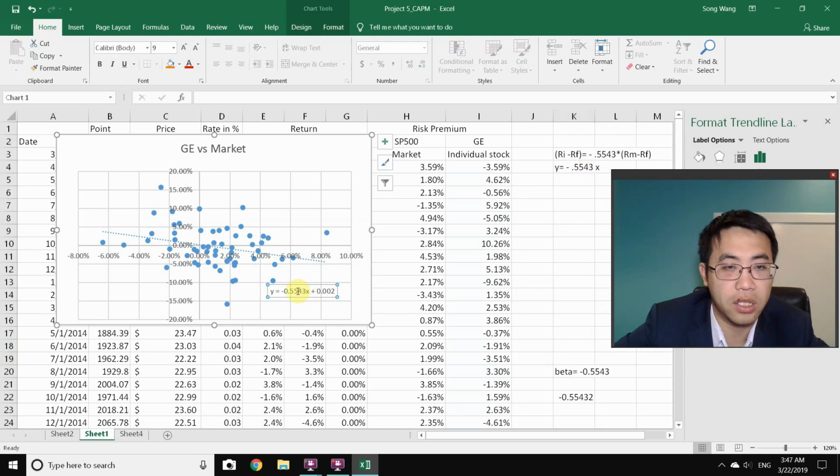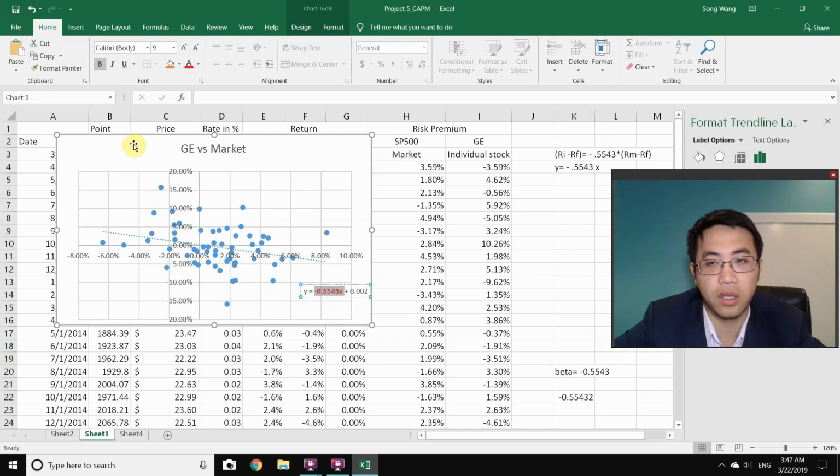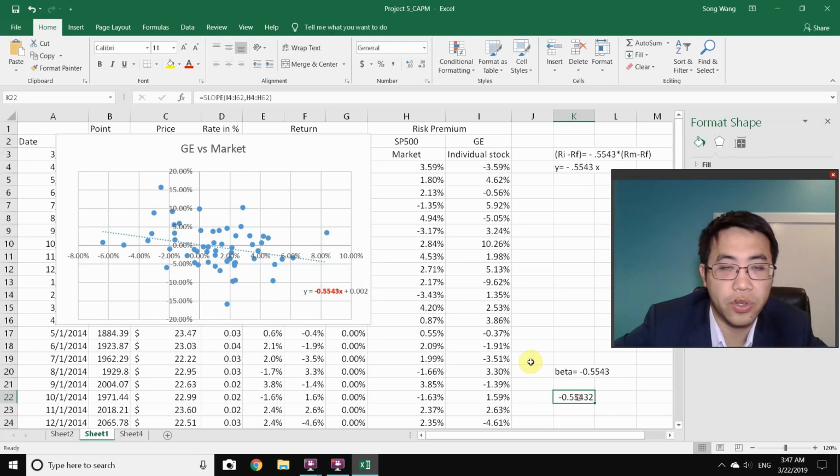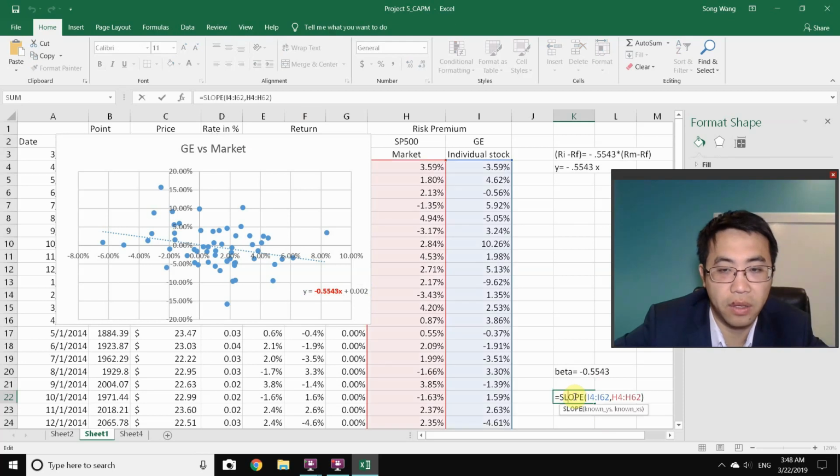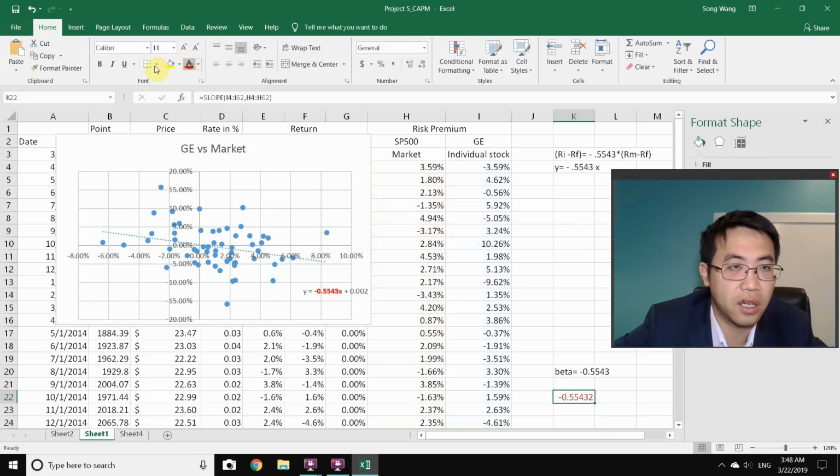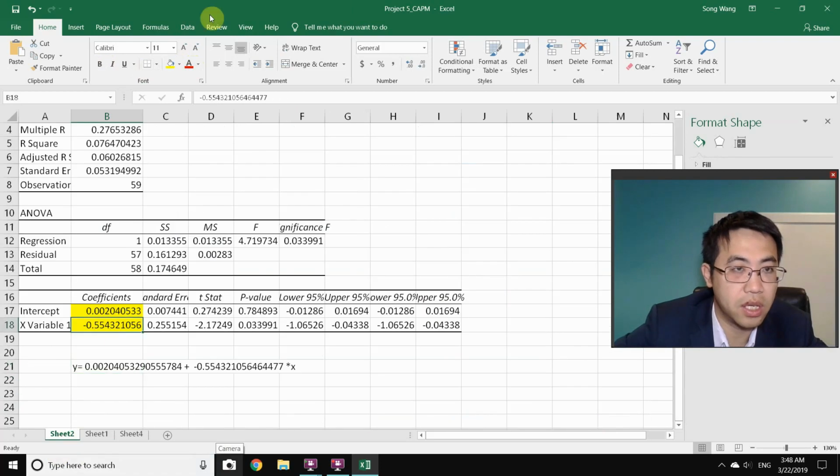First, using the chart and the best fit line, the slope of the best fit line is this beta. The second is to use the slope function of Excel, which is the easiest. The last method is using this regression analysis.